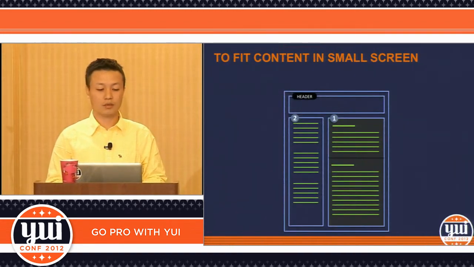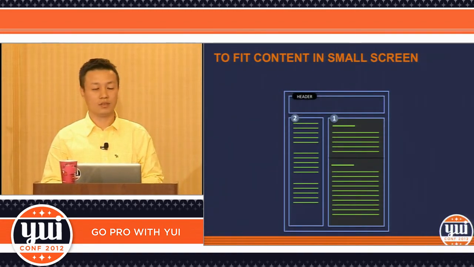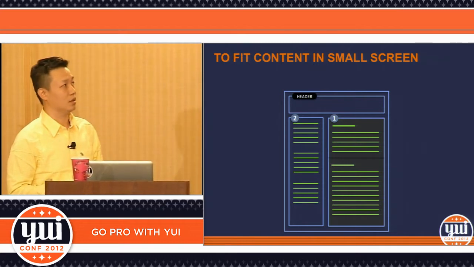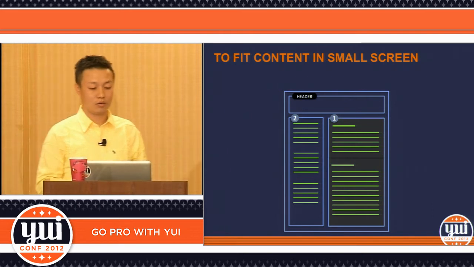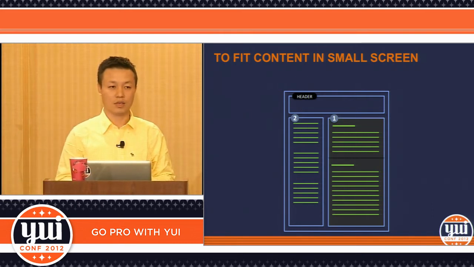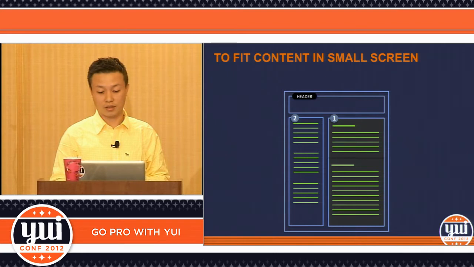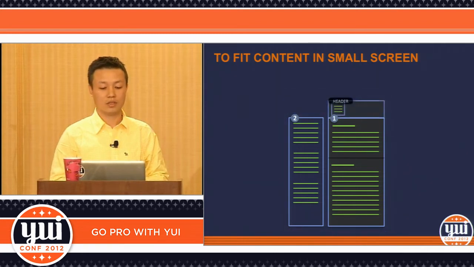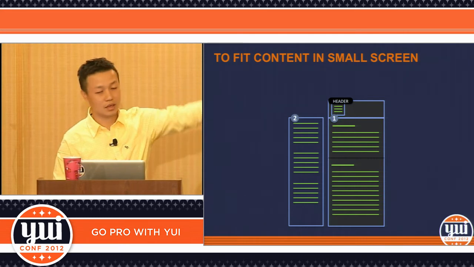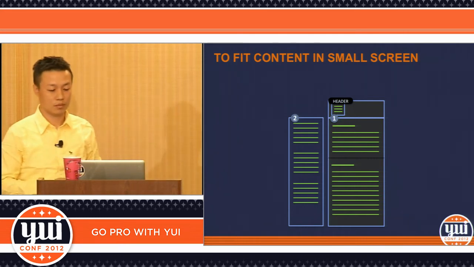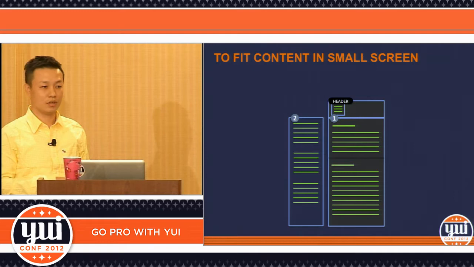Okay. So I think the first question is how you fit this typical layout for a PC page into a small screen in mobile devices. First step, you would think to just make the header smaller. And then this column, mostly you'll put some functional links, filters, and shortcuts on it.